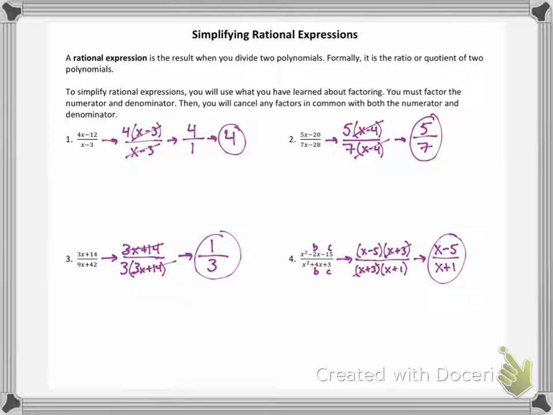You cannot do that. That is a big, big no-no. So that's why I'll just erase those there. You cannot cancel out the X's. Whenever you have plus and minus signs, you can't cancel out parts of the expression. It has to be the whole thing or nothing at all. So that's why my final answer is left as is, x minus 5 over x plus 1. That will not simplify any further.